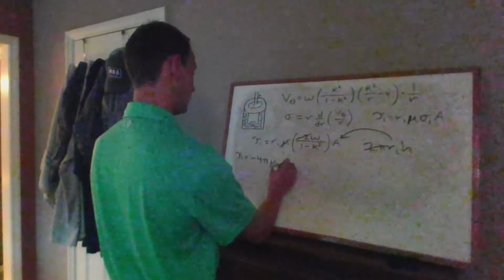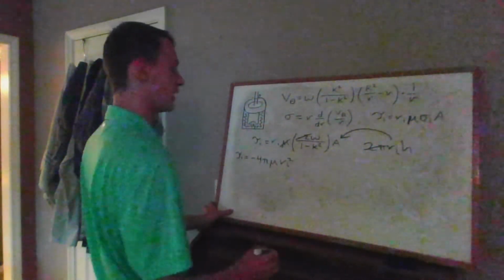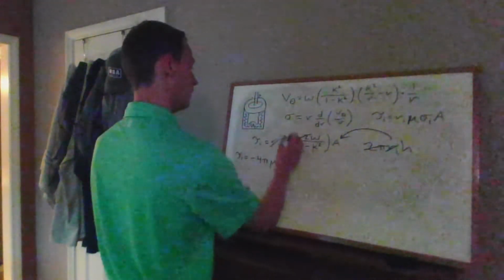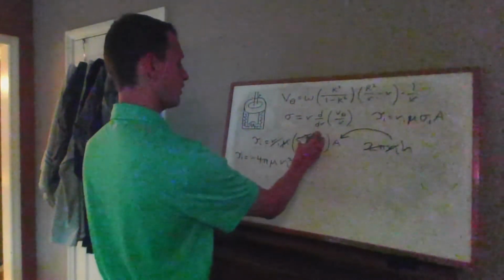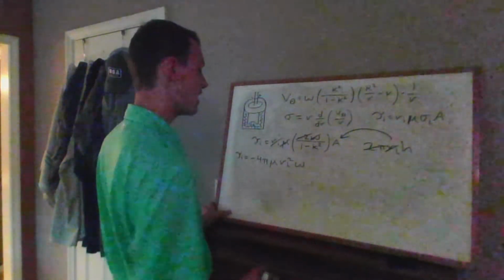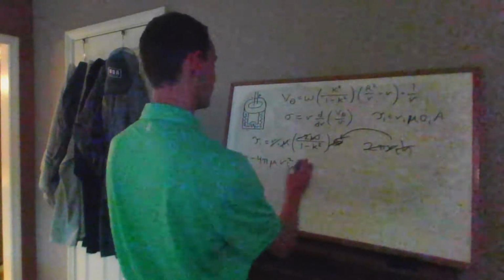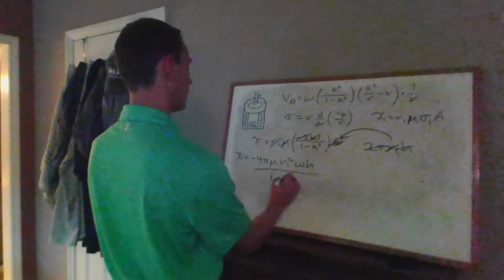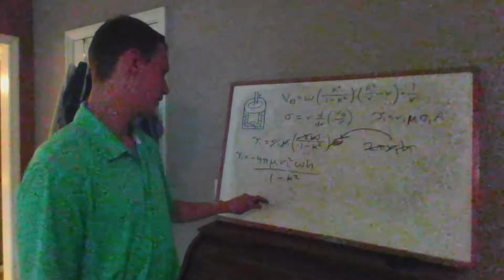RI squared is up there, so that's the radius of the inner cylinder squared. So those are gone. We have the radial velocity based on the torque that we're exerting on our inner cylinder from the shaft, multiplied by the height, and this was substituted for the area. So that's gone, all over 1 minus k squared. Okay, again, write this down, okay?